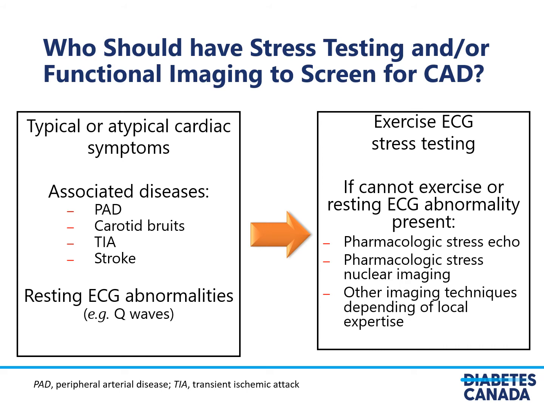However, if they are unable to exercise or their resting ECG is abnormal, then other options include pharmacologic stress echo, pharmacologic stress nuclear imaging, or other imaging techniques depending on local expertise.